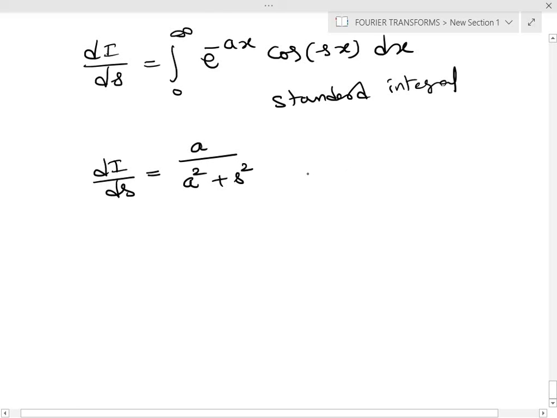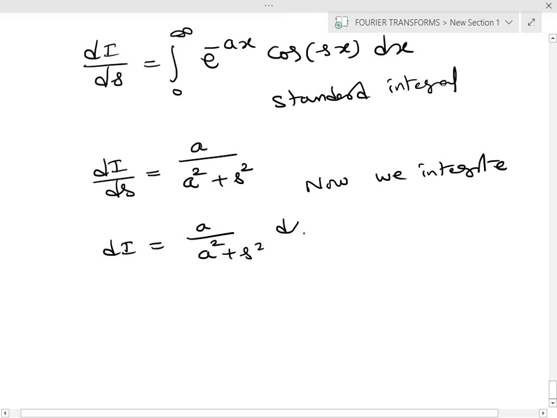Now we need to solve for I. So now we integrate with respect to s, that is dI equals a divided by a square plus s square into ds. When I integrate, a will be constant, that is ds divided by a square plus s square. So 1 by a square plus s square will come as tan inverse of s by a.